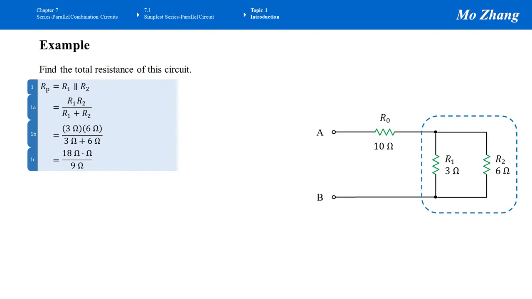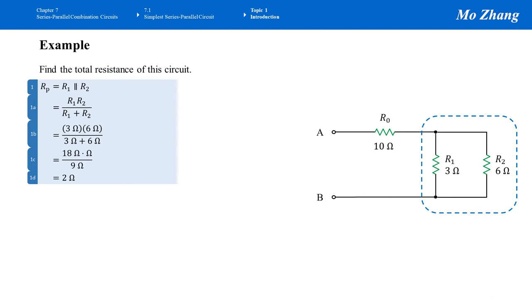There are 2 ohms units on the numerator, because as you can see, 3 ohms times 6 ohm, that should be 18 ohms. If this causes confusion, I wouldn't worry about that too much, because the number at the end is for resistance, and the unit for resistance is ohm. So 18 over 9, that is 2 ohm. The parallel branch equals to 2 ohm.